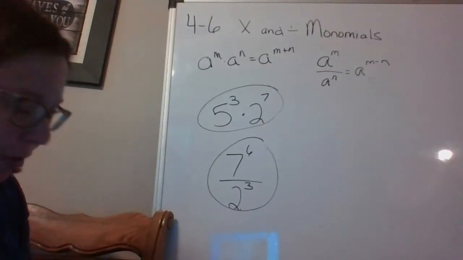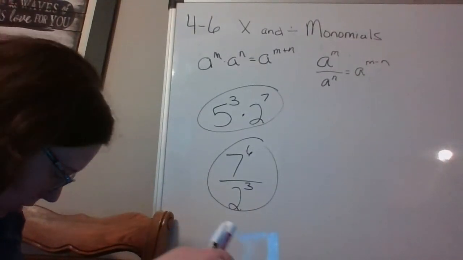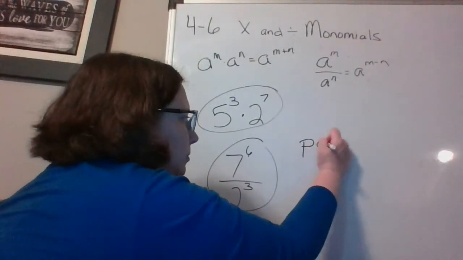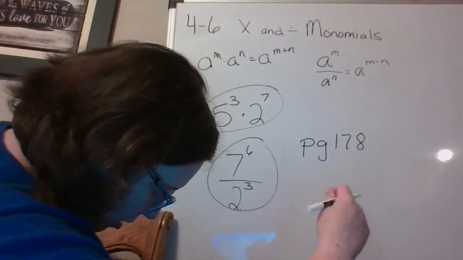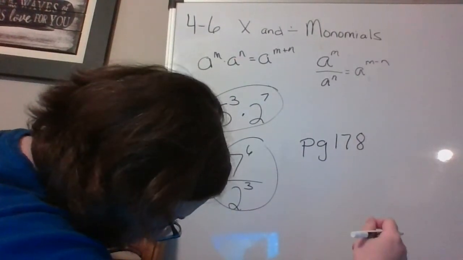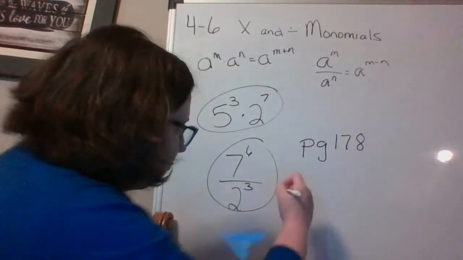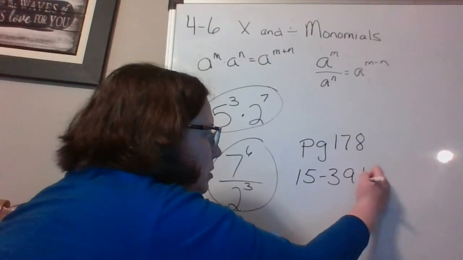So just write simplified. What I would like you guys to do next is on page 178. I want you to do 15 to 39 by 3s.